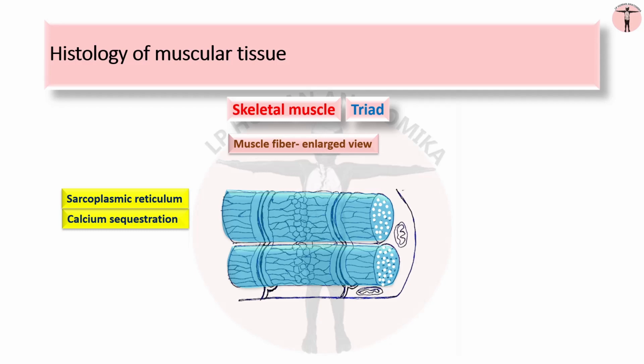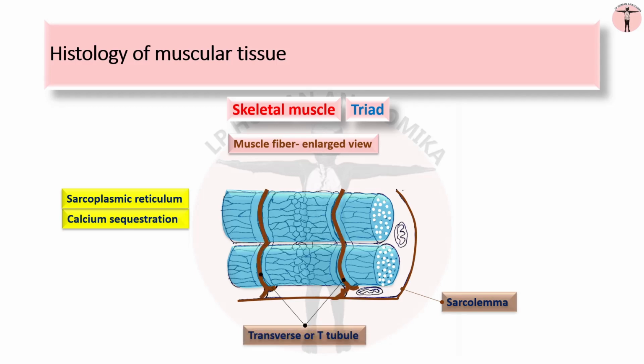To trigger calcium release from the sarcoplasmic reticulum throughout the fiber simultaneously and cause uniform contraction of all myofibrils, the sarcolemma is folded into a system of finger-like invaginations called transverse or T-tubules. These long finger-like invaginations of the cell membrane penetrate deeply into the sarcoplasm and encircle every myofibril near the junction of A and I band boundaries of sarcomeres.